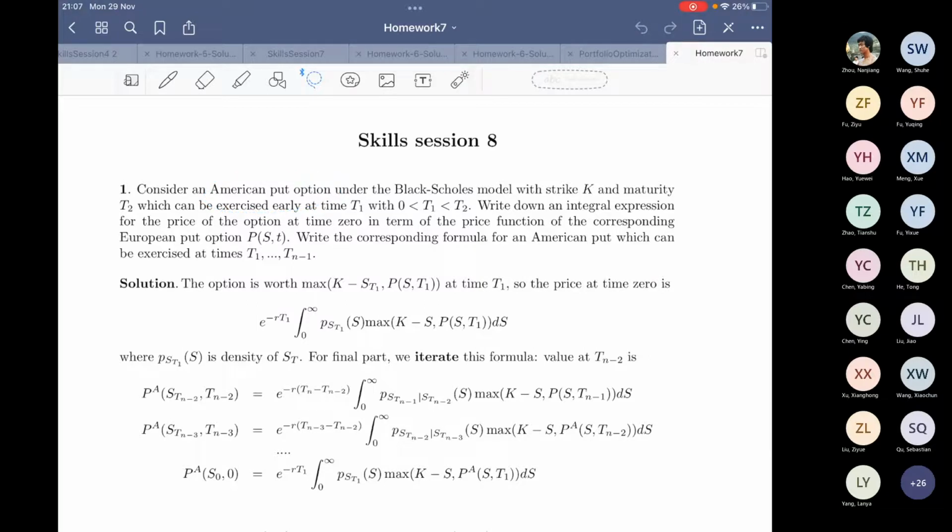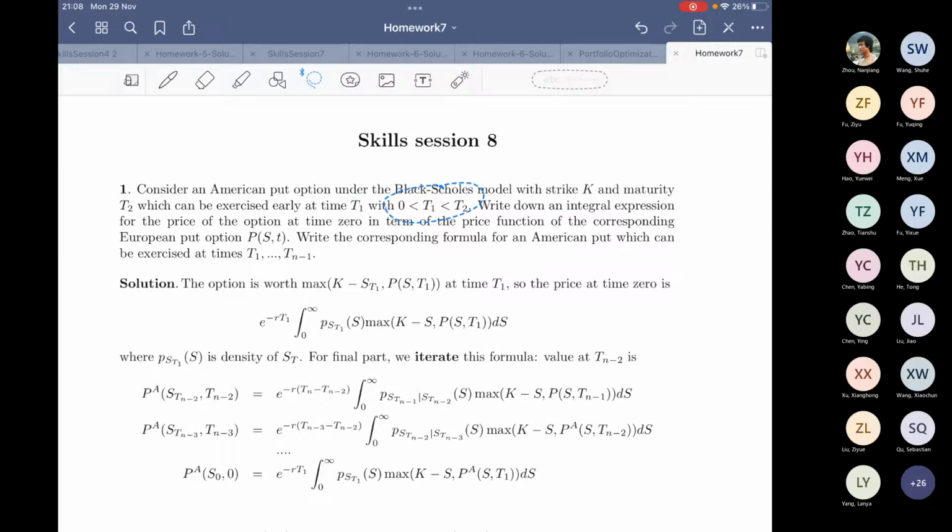But we can consider a simplification here: an American put option with a strike and maturity T2, which can be exercised early, similar to the binomial case, but only at the intermediate time T1.